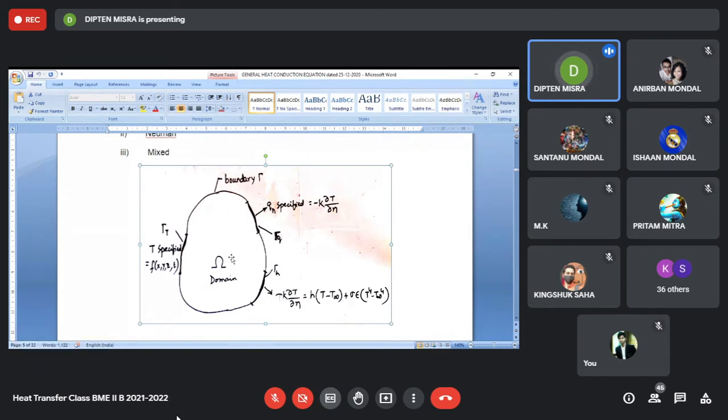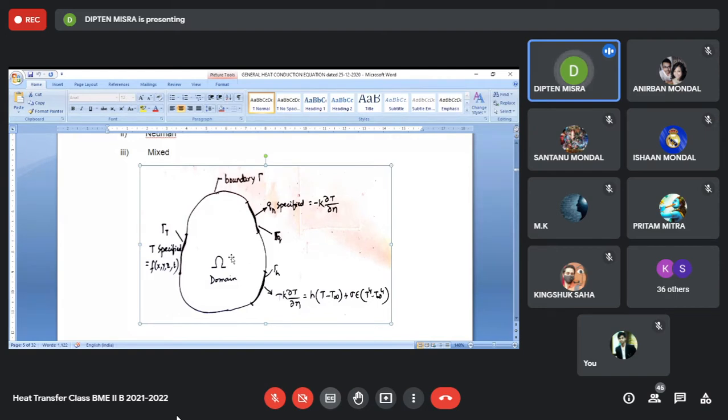We may come across certain problems where the temperature variation inside the domain is there, but that variation is negligible. We cannot deal with any heat conduction problem where there is no internal temperature variation.